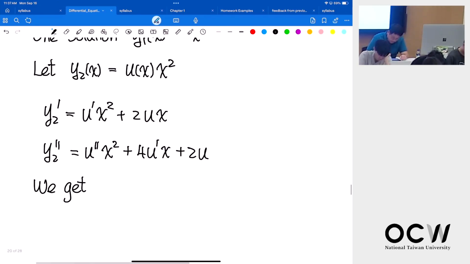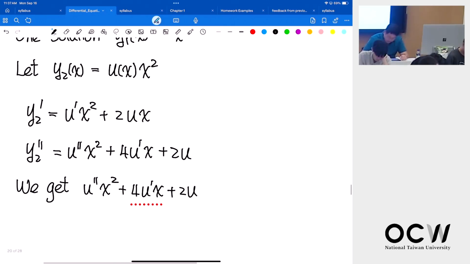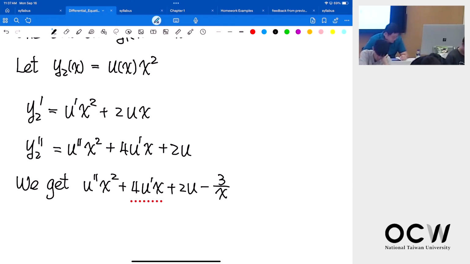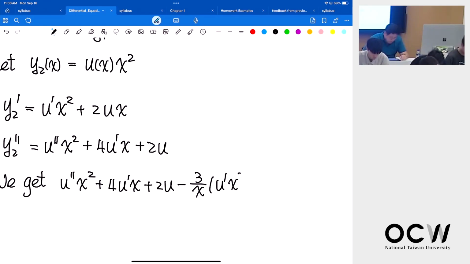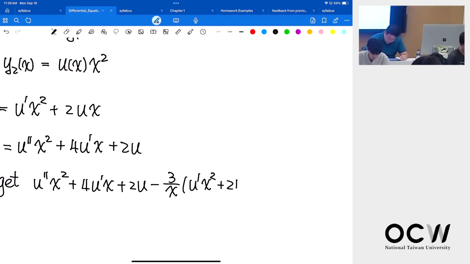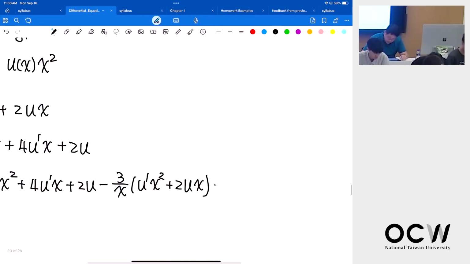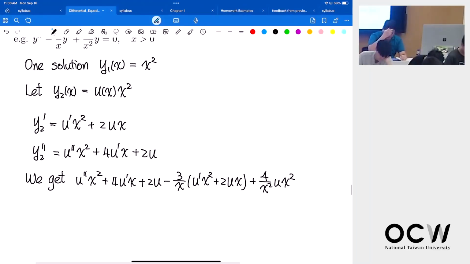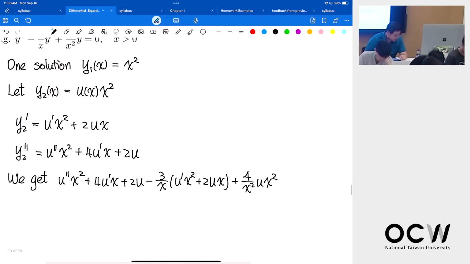It should be u double prime x squared plus 4u prime x plus 2u minus 3 over x times u prime x squared plus 2ux plus 4 over x cubed times u x squared equals 0.